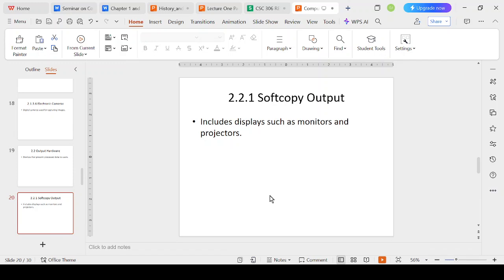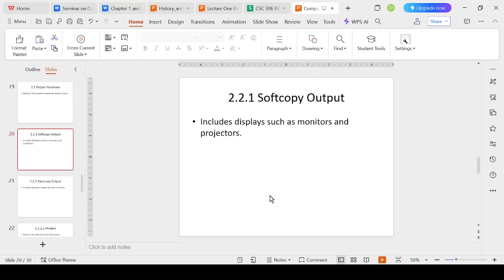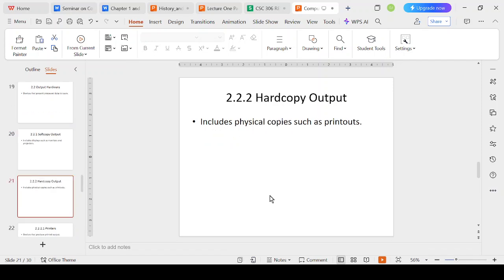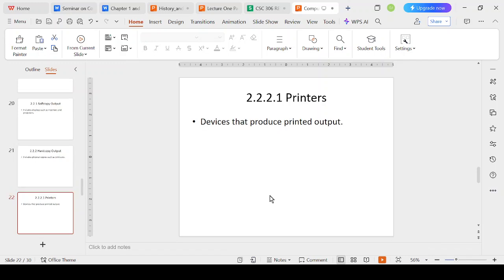These are types of output devices in soft copy form. The hard copy outputs are physical copies that you can get out handy with your printers. Printers are the output devices that produce hard copy of your processed data.